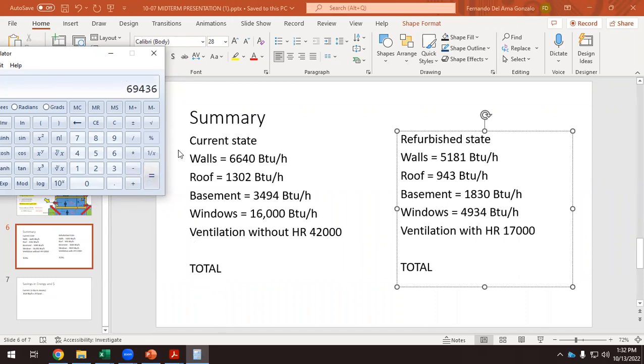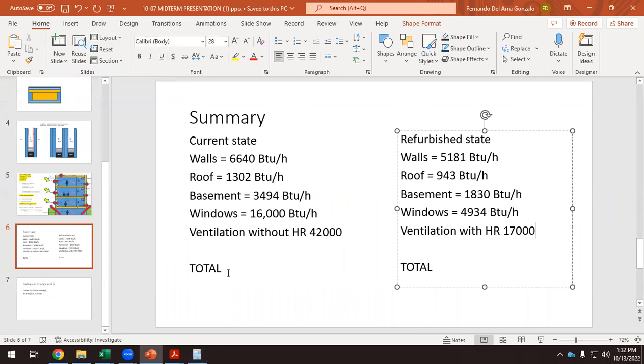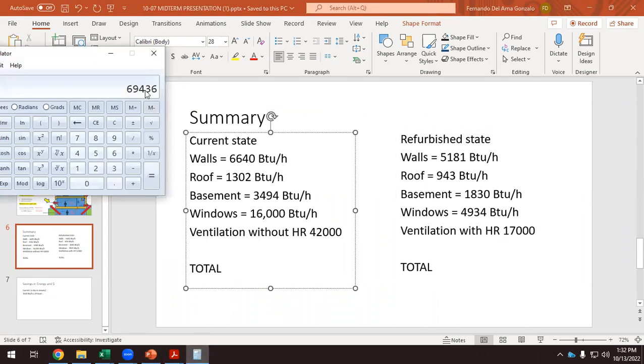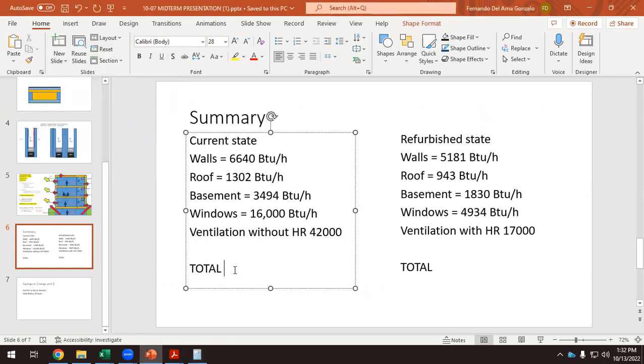Okay, so the total can be around 69,000. Around 69,000 BTU per hour.